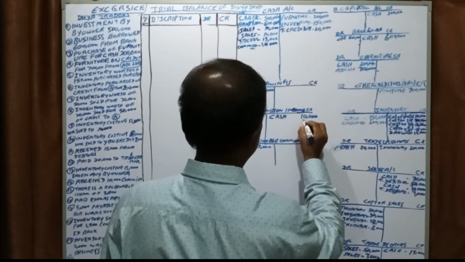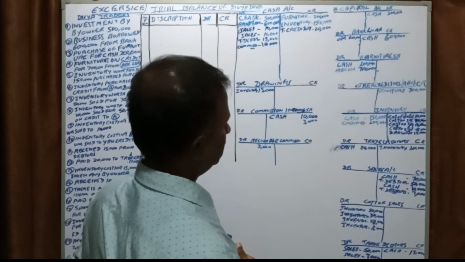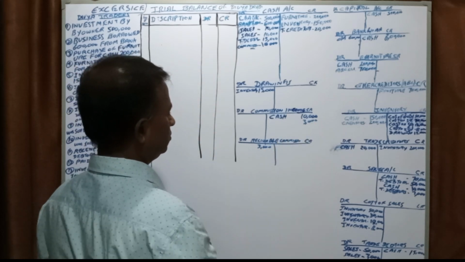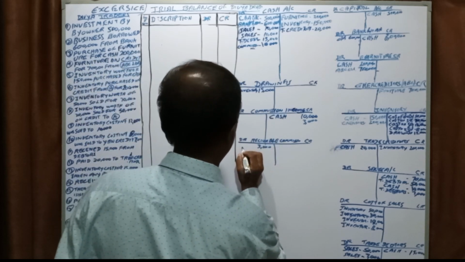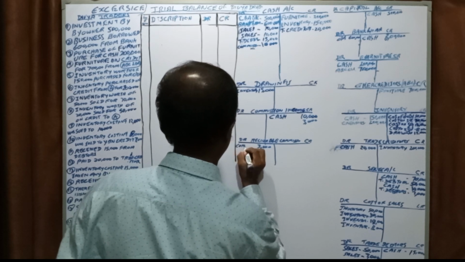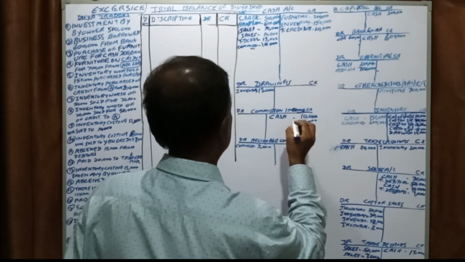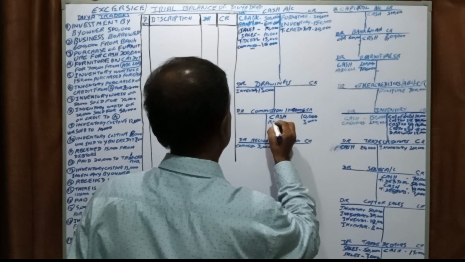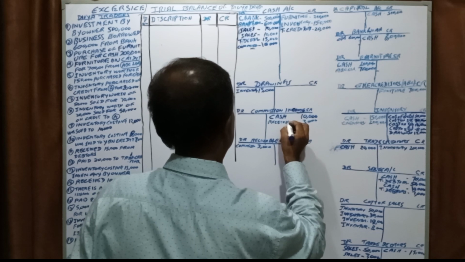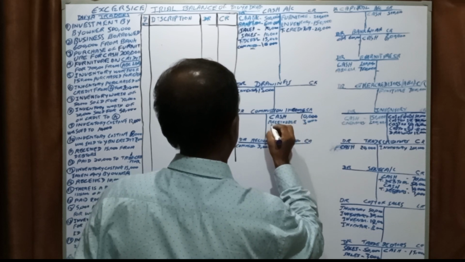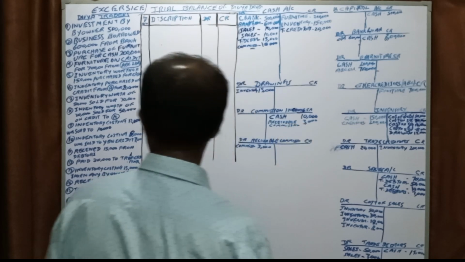And commission income is credited to 3,000 because income we have to receive that. We have to receive this income. So this is an income, other income. So here we will say commission, here we will say receivable commission.